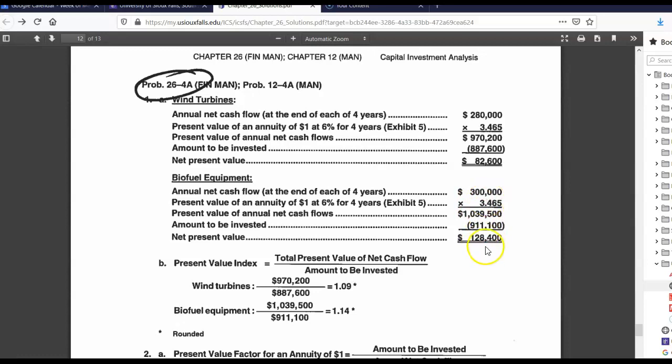Same calculations for biofuel equipment. However, it's a much larger net present value. I just want to point out one thing.